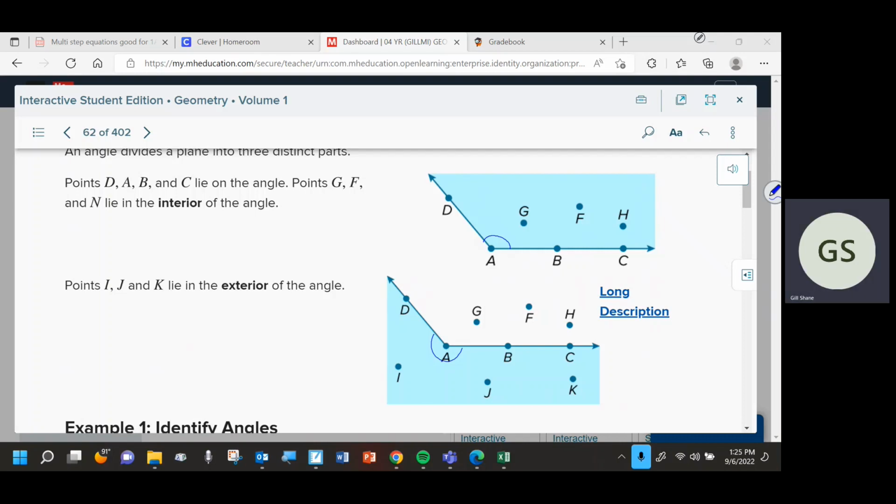I'm sure it's not perfect with the way I drew it, but if I took this and slid it up, that's a circle. Between the two angles, they basically cover the whole distance that the angle could possibly open up to. They're always going to add up to be 360, an interior and an exterior angle.